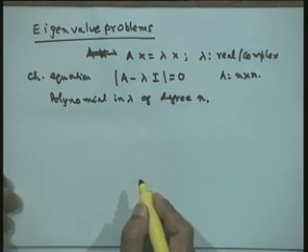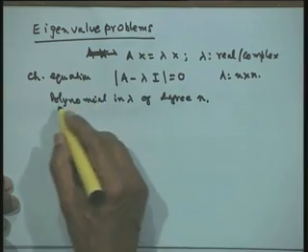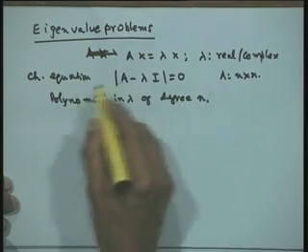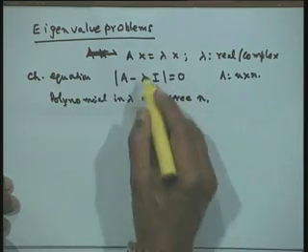Therefore, we get a polynomial of degree n in lambda. The roots of this equation are the eigenvalues, which may be real or complex.